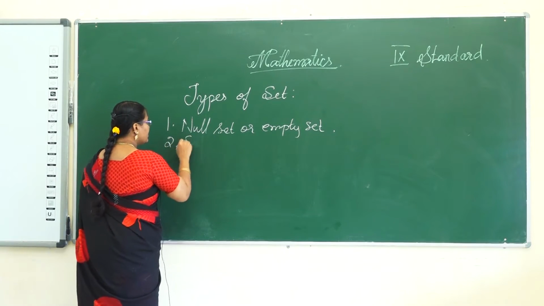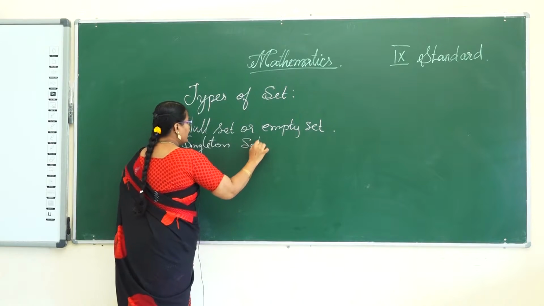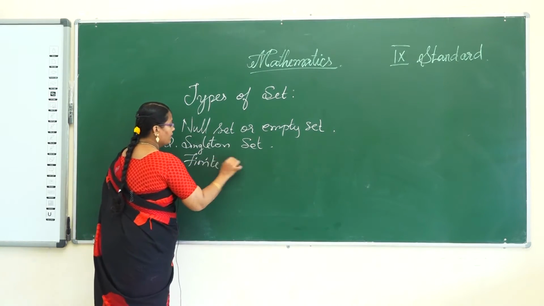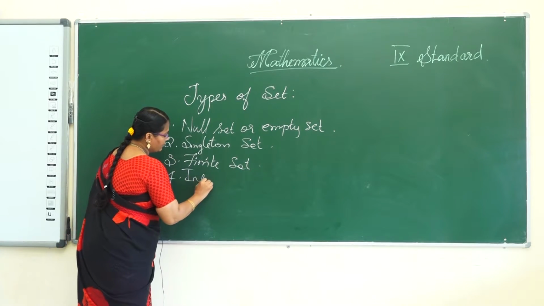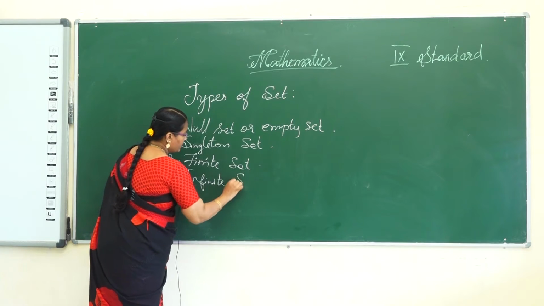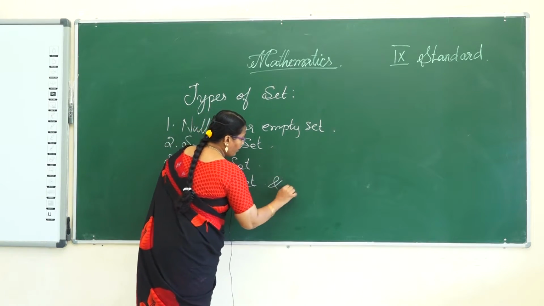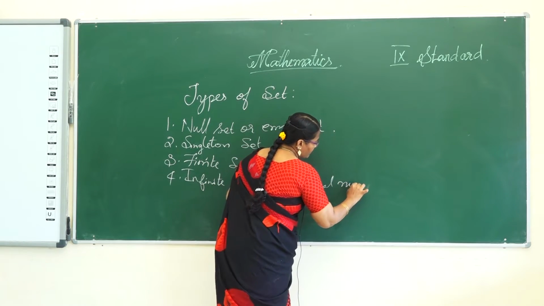Second one, singleton set. Third one, finite set. Fourth one, infinite set. In between, we learned the cardinal number of sets.